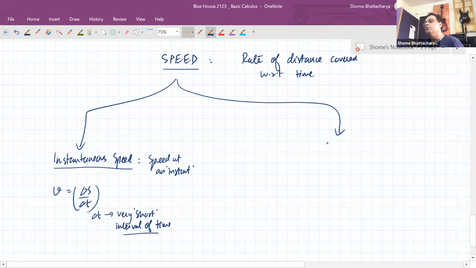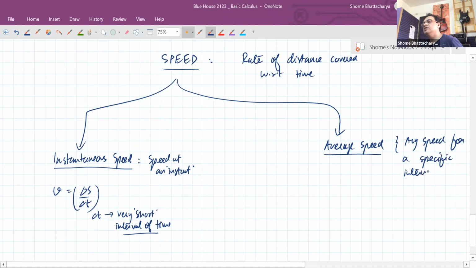Okay. Whereas when we talk about average speed, it is the average speed for, you can say, a specific interval of time. Instead of for a specific instant of time, it is defined for a specific interval of time, say T1 to T2.